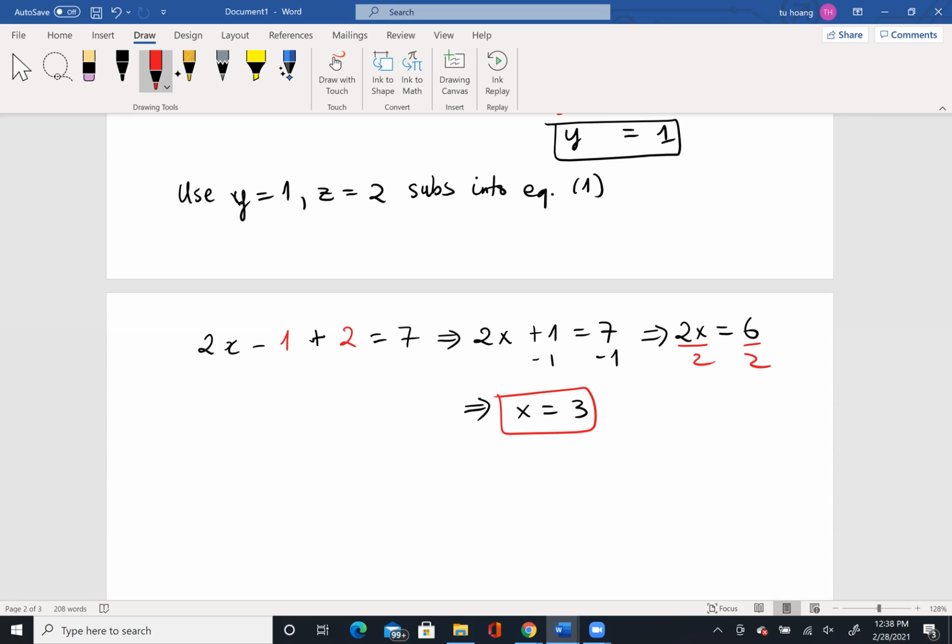So remember that the solution has to be in the form x, y, and z, okay? So x is 3, y is 1, and z equal to 2. Okay, that's the answer.